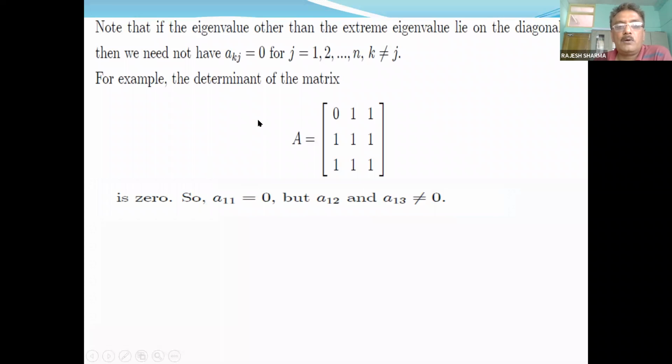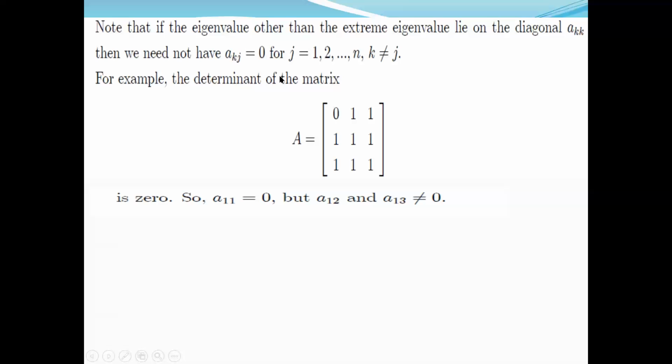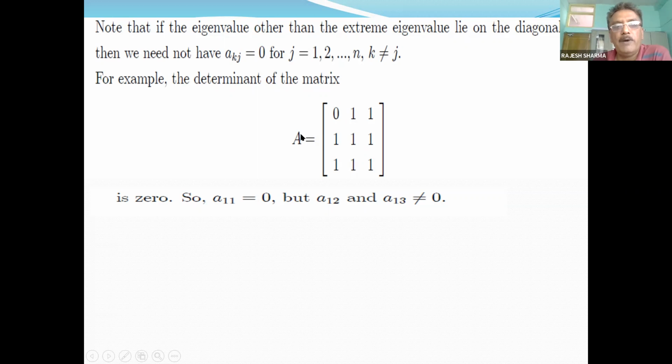Now this is not true if we do not have the largest or smallest eigenvalue. For example, we take A to be this matrix. Its determinant is 0 because these two rows are linearly dependent, so 0 is an eigenvalue. But here A12, A13 are not equal to 0.